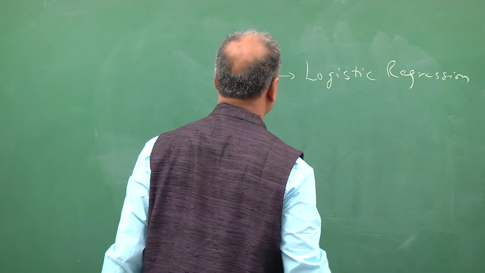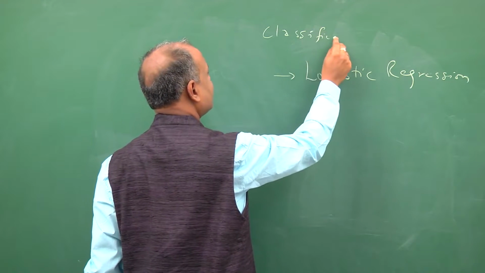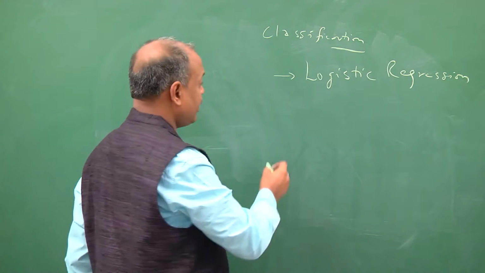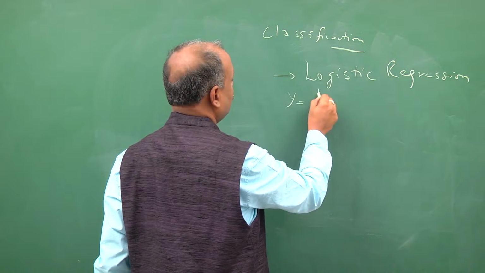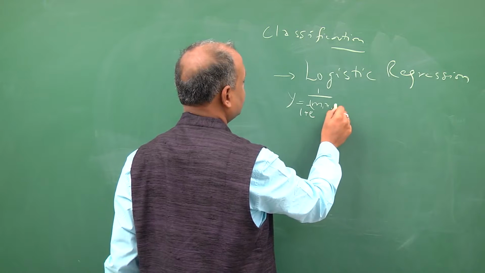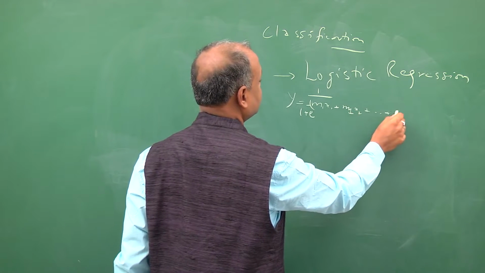This is technique number one for classification, where you look at a model in terms of an equation like y equals 1 by 1 plus e to the power of minus (m1 x1 plus m2 x2 plus so on plus c).